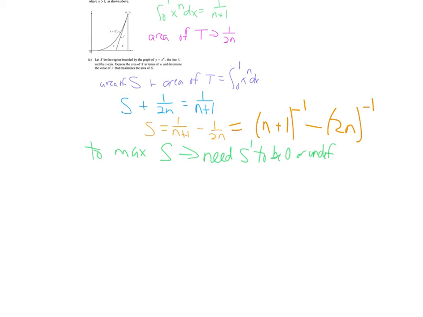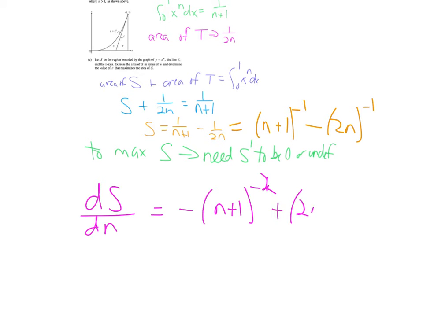So then S prime, or dsdn if you would prefer, maybe that's more descriptive, would be negative n plus 1 to the negative 2, minus negative 2n to the negative 2 times 2. That extra 2 there is because of chain rule. I didn't need chain rule in the first expression because the derivative of n plus 1 is just 1.